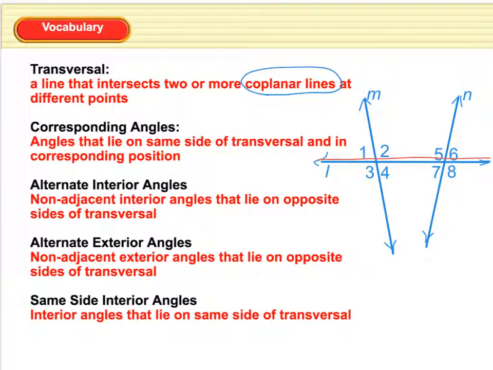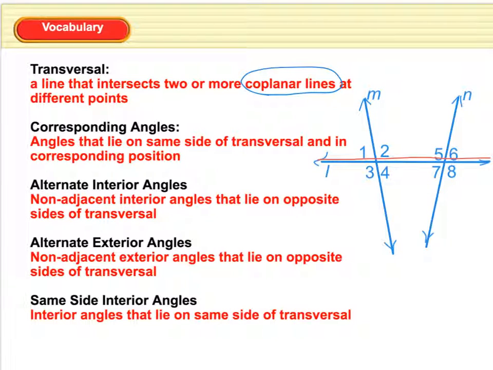The corresponding angle for angle 1 is angle 5. Angle 3 is angle 7. So they come in pairs. Angles 2 and 6, and 4 and 8 are another two pairs of corresponding angles. Okay? Then alternate interior angles.